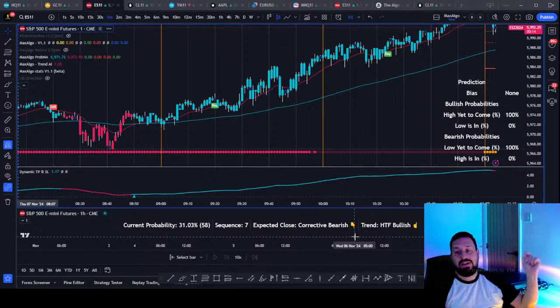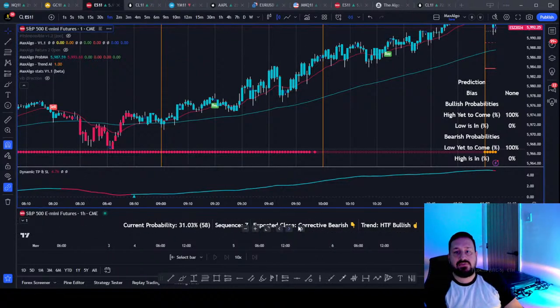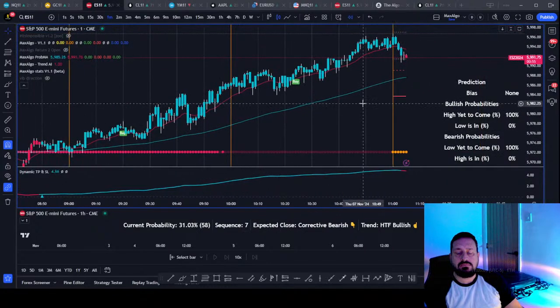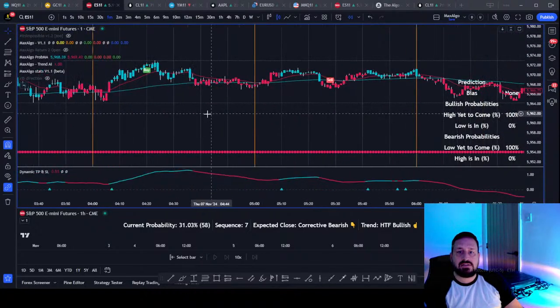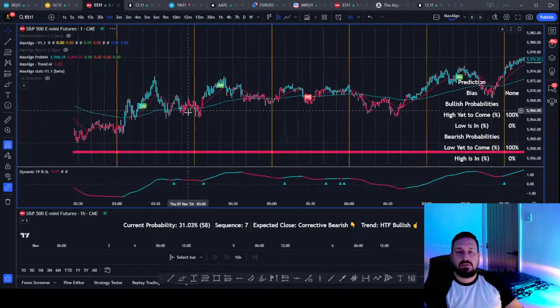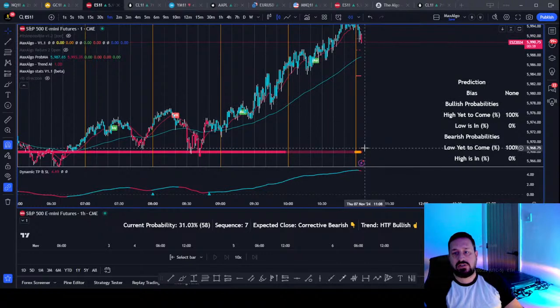The sequence is how many previous candles or periods that you've selected that same price action has happened. So right now, here, you can see we're corrective bearish, right? So you would go 1, 2, 3, 4, 5, 6, 7. So the sequence started here, and we've been corrective bearish, but not been able to, and now obviously we just start to potentially come out of it, and then we get that drop, right?